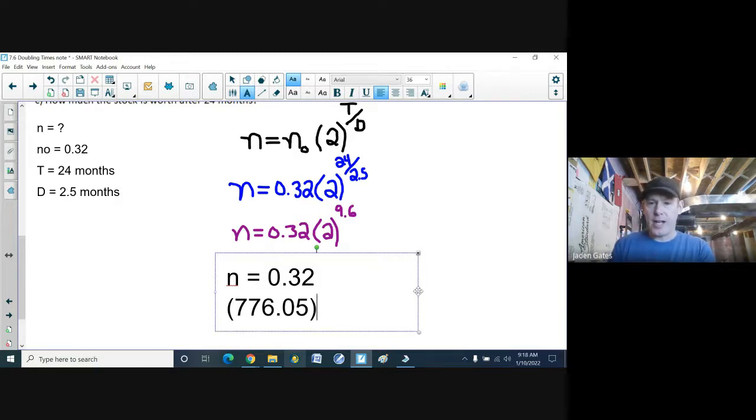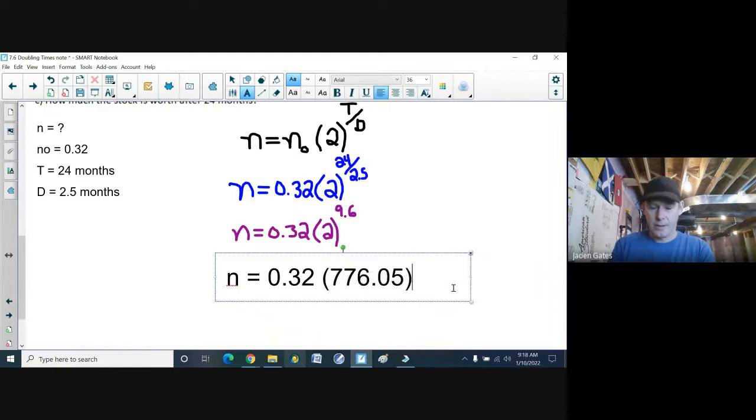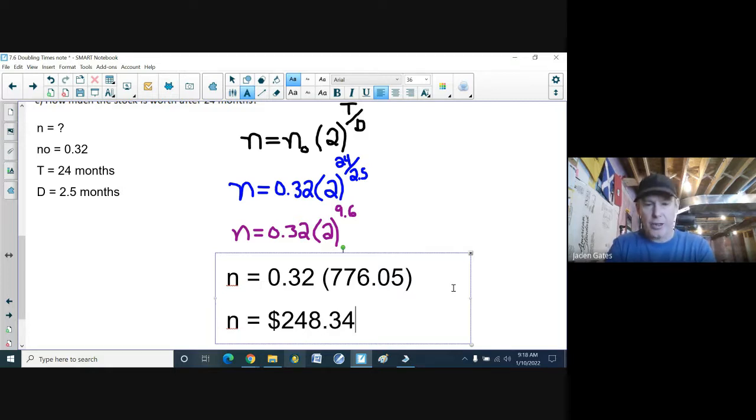And then finally, timesing that by 0.32, 776.05 times 0.32. And I end up with, whoa, this stock's taken off. It's now worth $248.34. That actually happens sometimes if you're lucky enough. Not that I've been there, but it can.